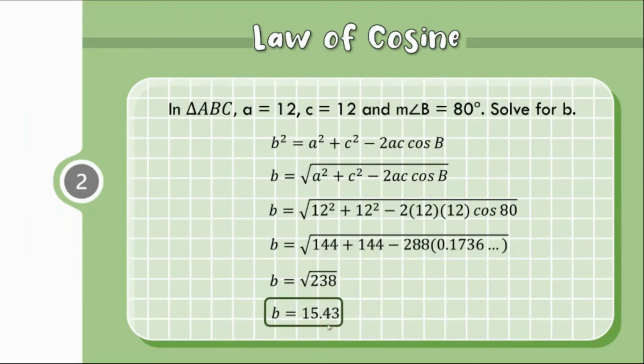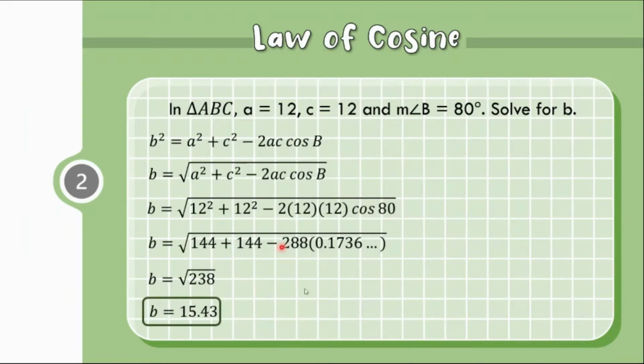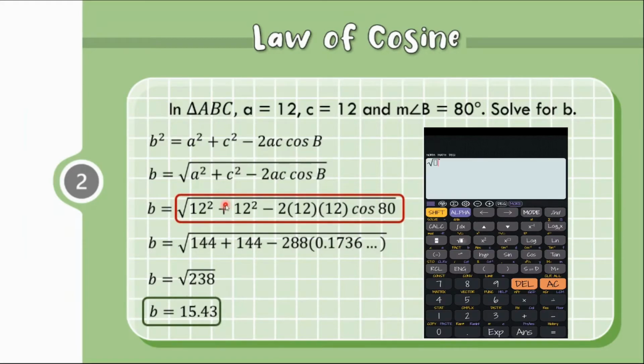This time, let us try to use your scientific calculator. Just press this expression: square root, 12 squared plus 12 squared minus 2 times 12 times 12 cosine 80.